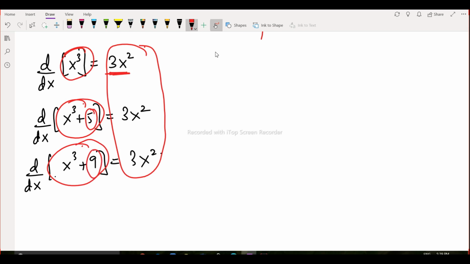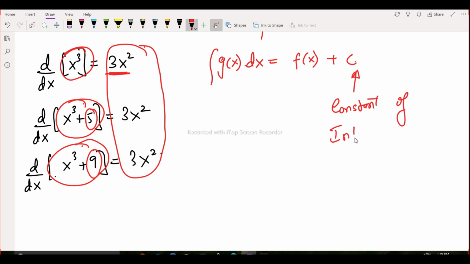So what happens is, in integration, when we find the integration of a function, suppose the answer is f(x), you add a c to it, and c is known as your constant of integration, because we don't know if the original function had a constant or not.